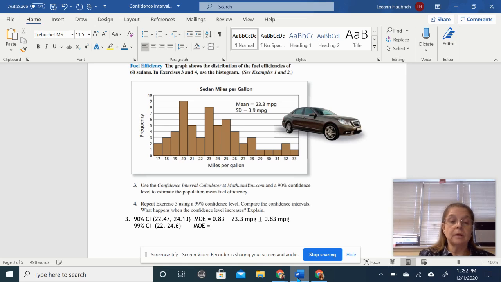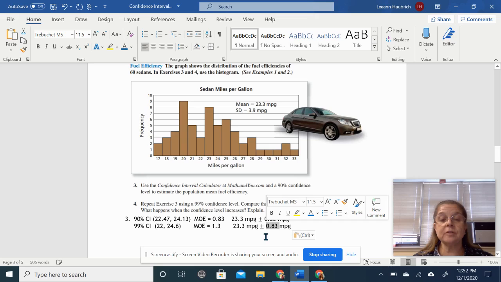Margin of error equals, I know it was 1 point something, 1.3. So by increasing the margin of error, that is a result of increasing the 99% confidence interval. So we're taking in more spaces on both ends, and we would write this as, and I'm just going to be lazy now and just do Control C, Control V, because what's going to change is this is going to become 1.3.